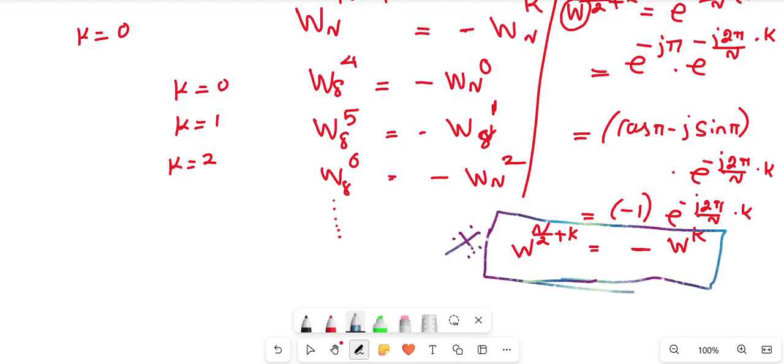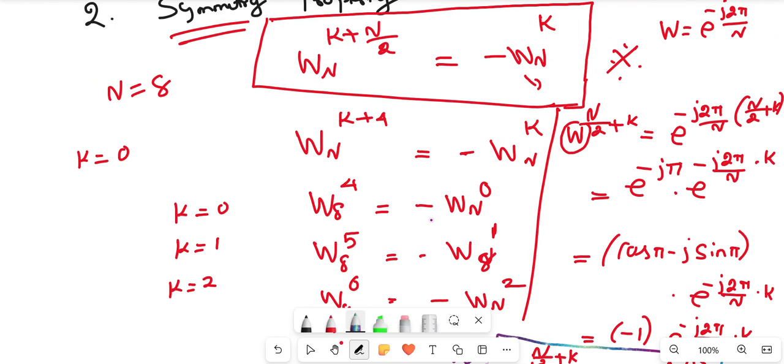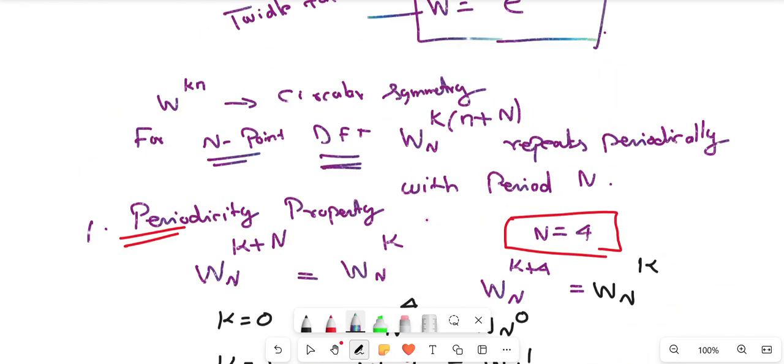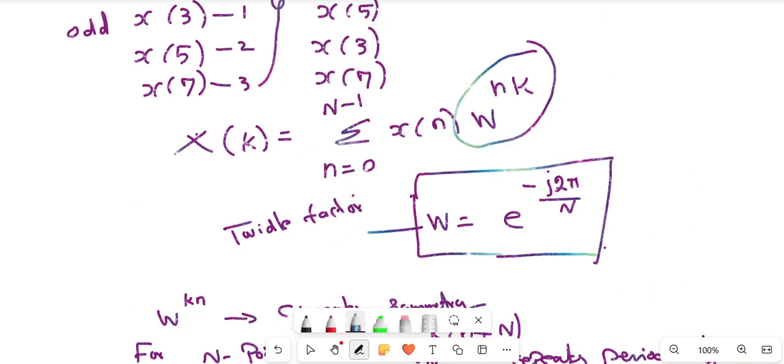Because of this symmetry property, we are splitting into the even sequence and the odd sequence.